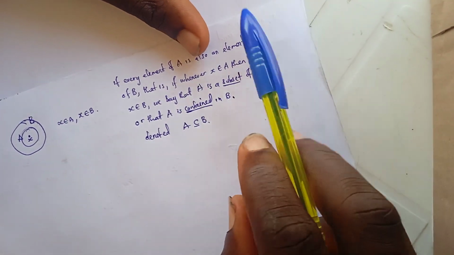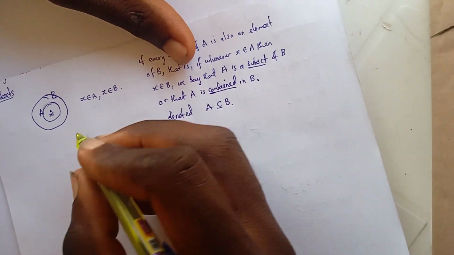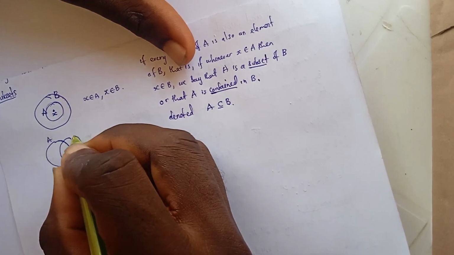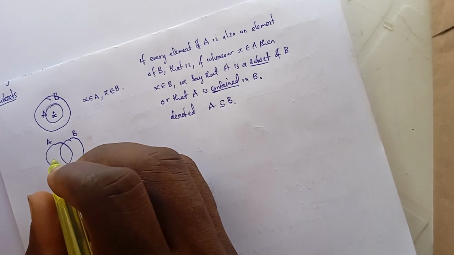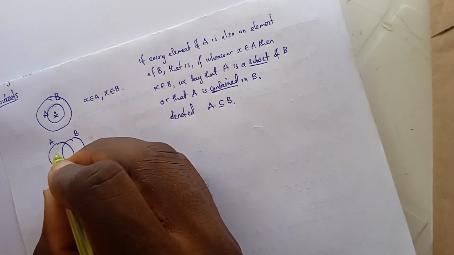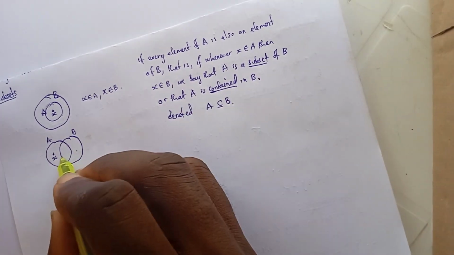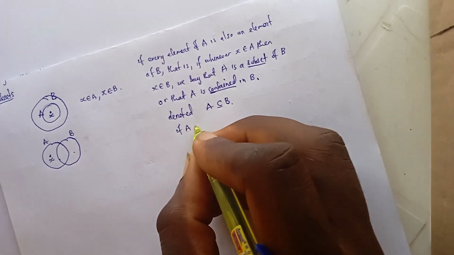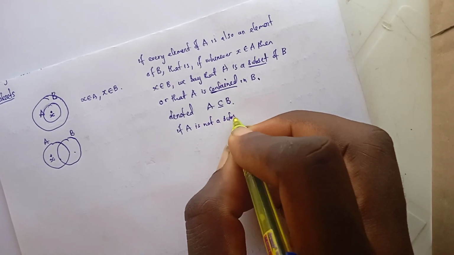What if A is not a subset of B? How do we write that? Let's say we have A here, and then we have B here. Clearly, though there are some elements of A that are in B, X in A here is not in B. So we can't say that A is a subset of B here.